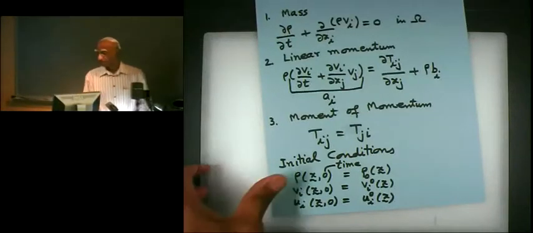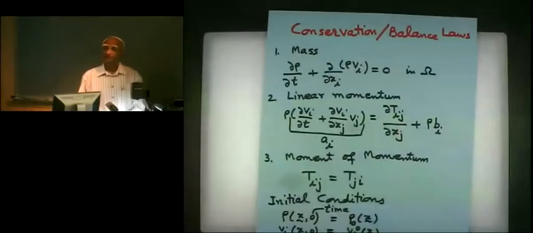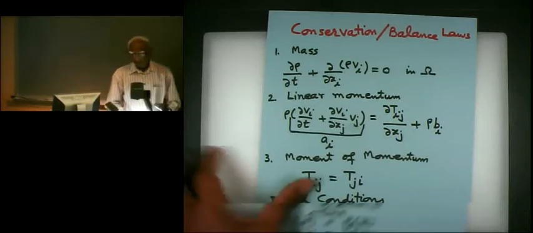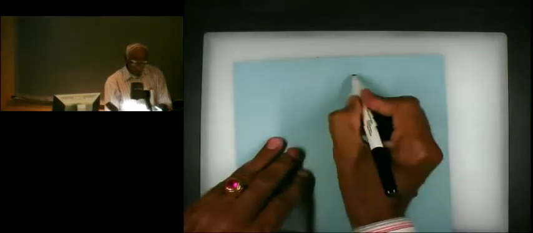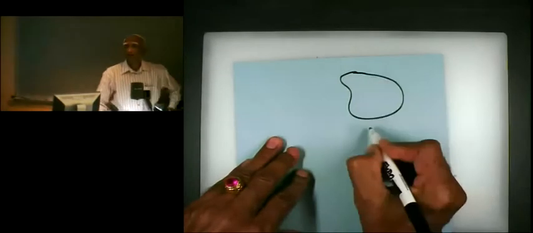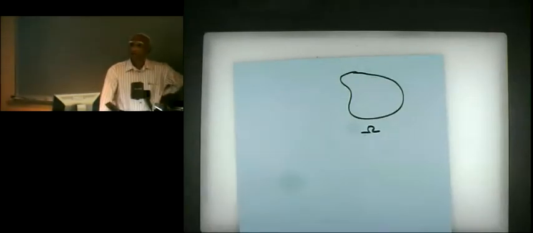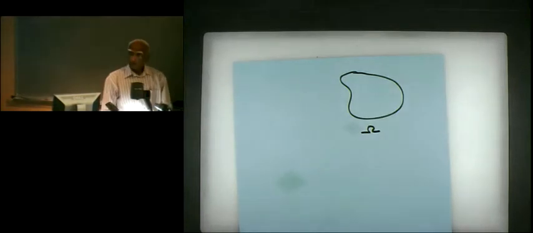In addition to these, wherever you see the spatial derivative with respect to space coordinate, we will need the boundary conditions. So the boundary conditions for this problem are the following. This is the potato shape we have, and we are in the present configuration. So the boundary of this potato, that's the skin, you can say.